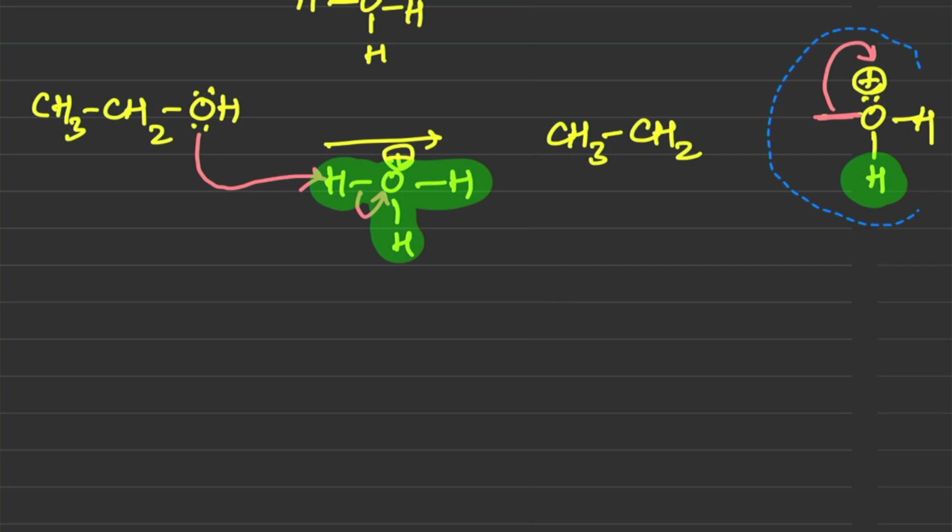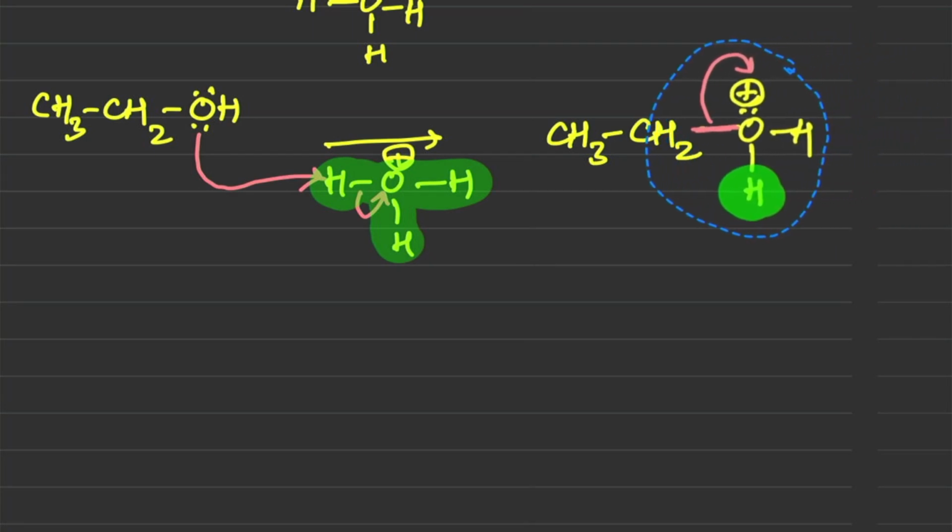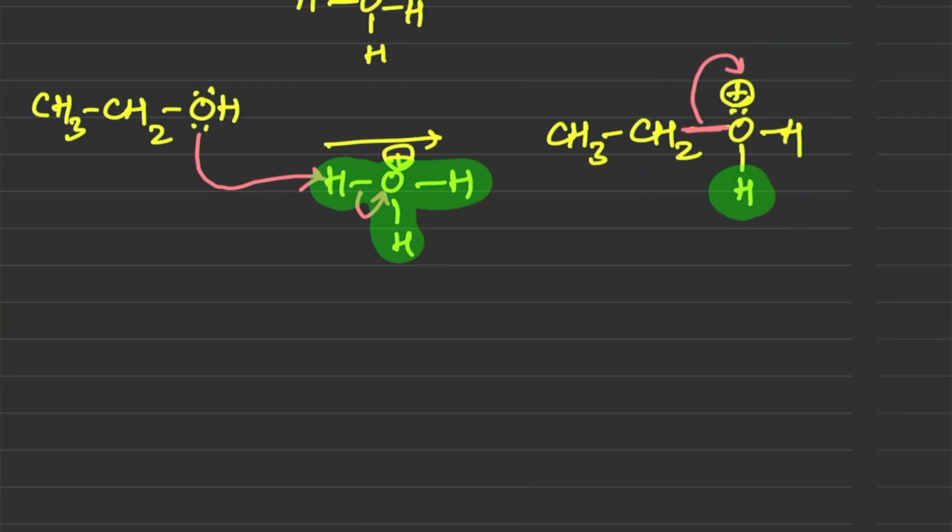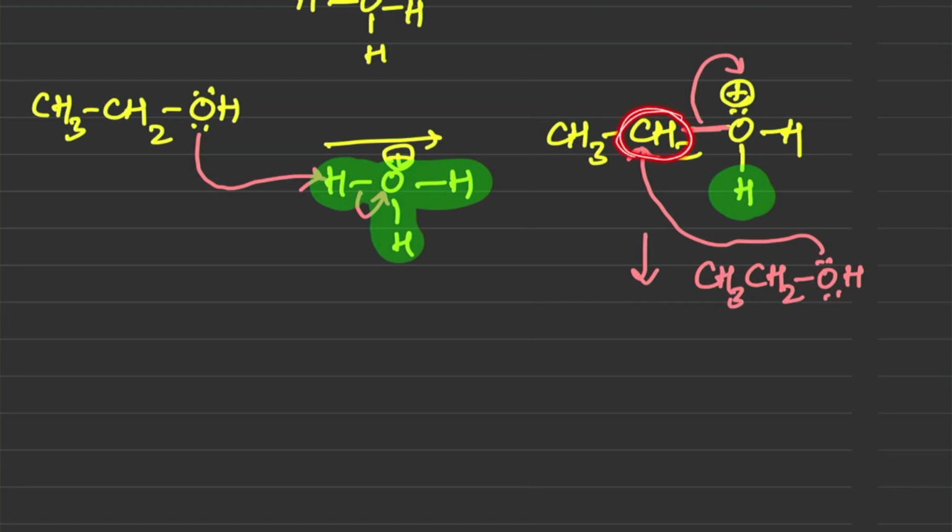So it's not going to go away on its own. Instead, 2 things will happen. Let me bring this back. Simultaneously, another alcohol molecule will attack. So this is going to be an SN2 attack. At no point will this carbon atom be sitting with an empty bond.